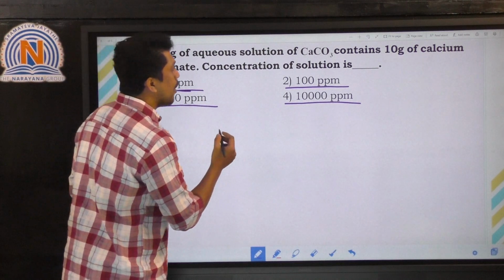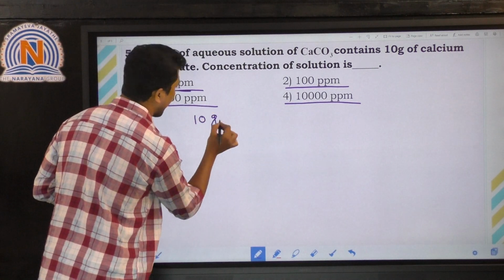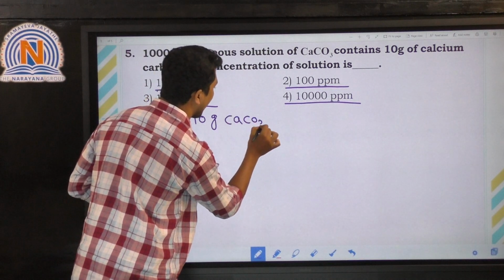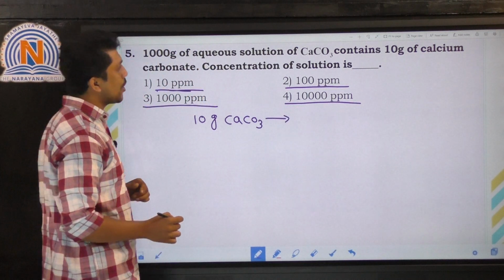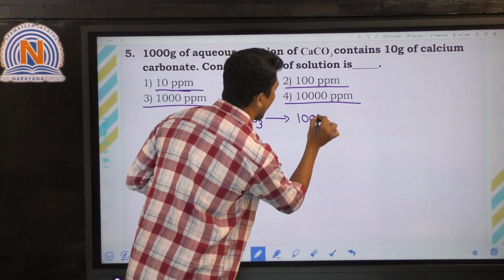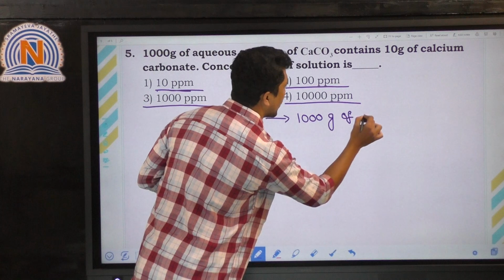So we need to find the concentration of solution in terms of parts per million, right? Now, 10 grams of calcium carbonate is dissolved in 1000 grams of solution.